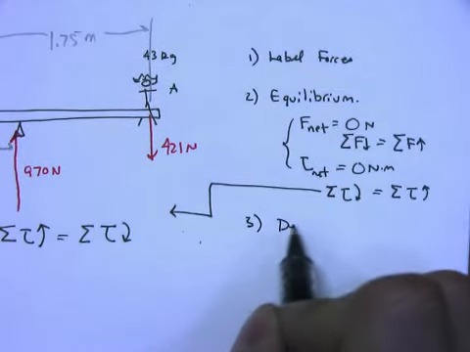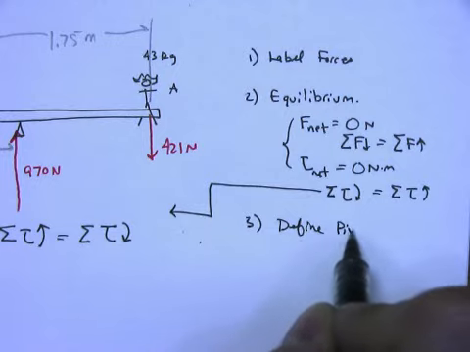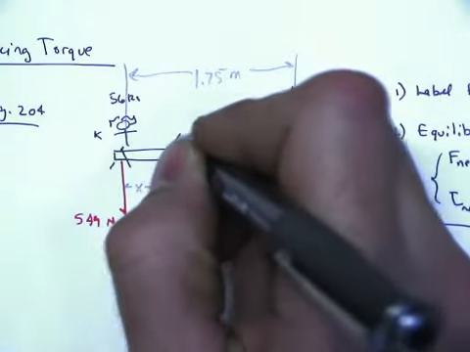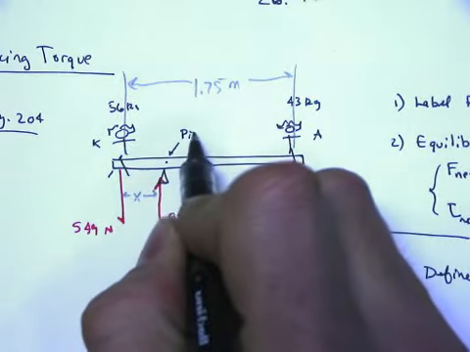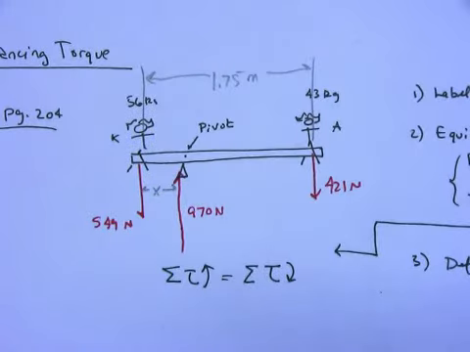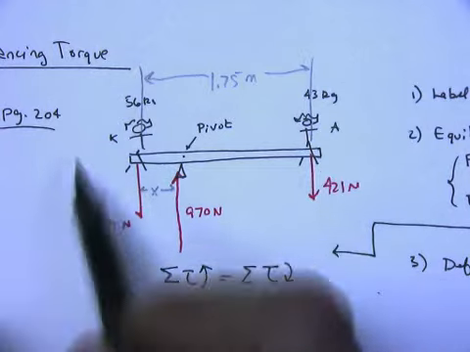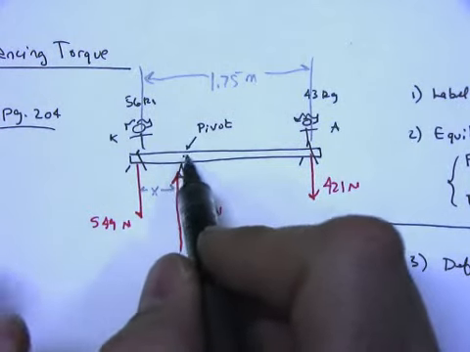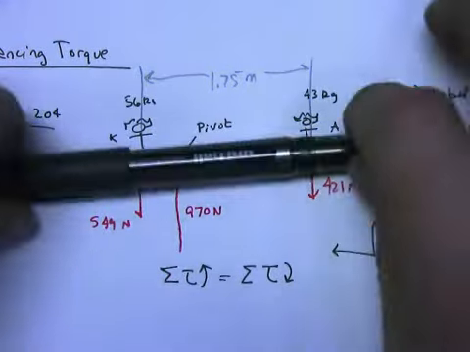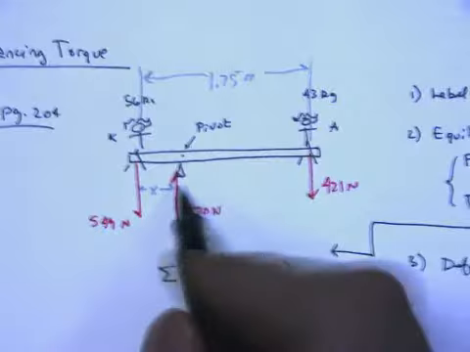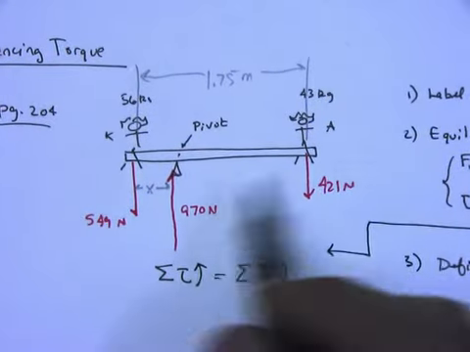Here's my next step. Define a pivot. I'm going to put my pivot right here because that's what seesaws do. Believe it or not, you can actually put the pivot anywhere you like. I'm going to put it here because conceptually that's what seesaws do, is they pivot on that fulcrum.